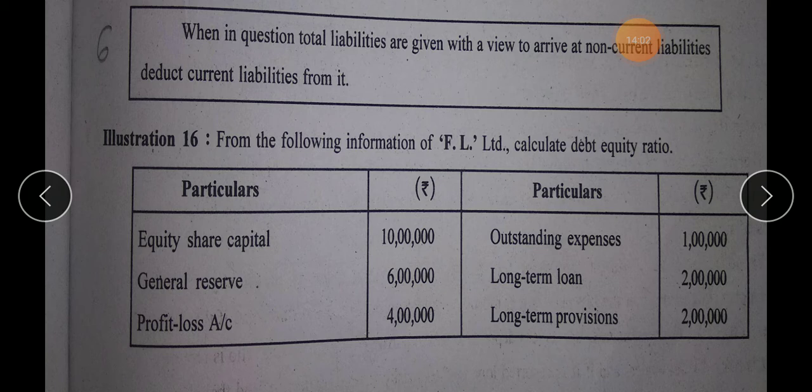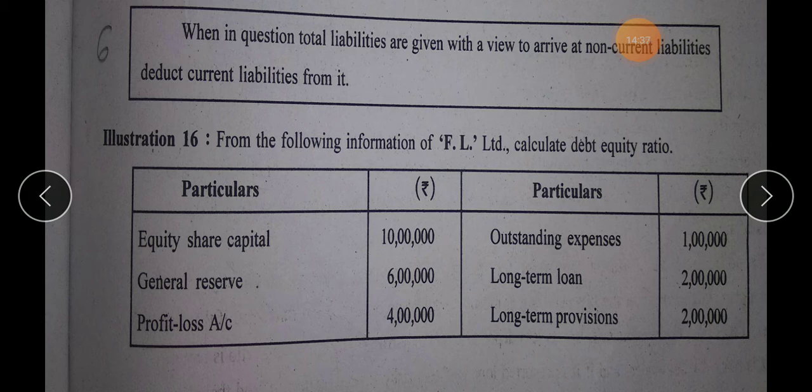Now if you are thinking, ma'am, how to understand that the given balance of profit and loss account is debit balance or is credit balance? So let me clarify this. Unless and until instructed that the given balance is debit balance, only then it is to be considered debit. If nothing is mentioned, it is always credit balance.